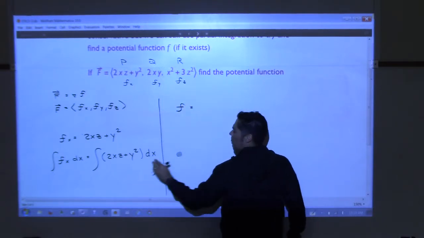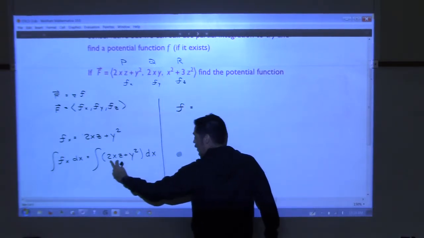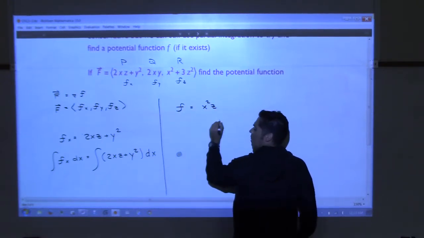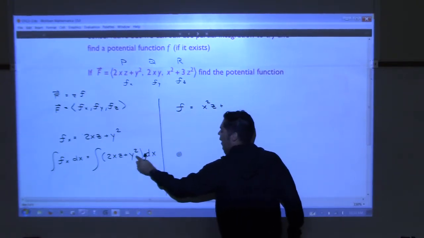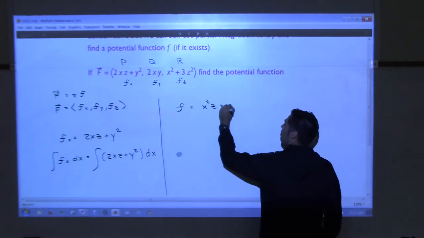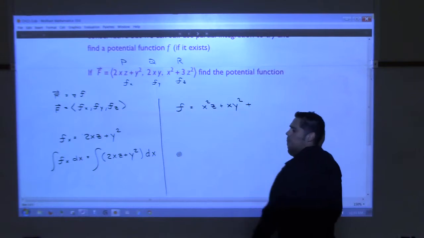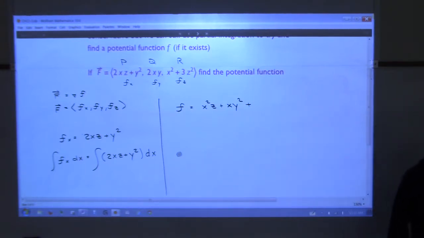And the right side, antiderivative of 2xz, x squared z, and then plus antiderivative of y squared with respect to x is xy squared, plus g of zy. Why zy?